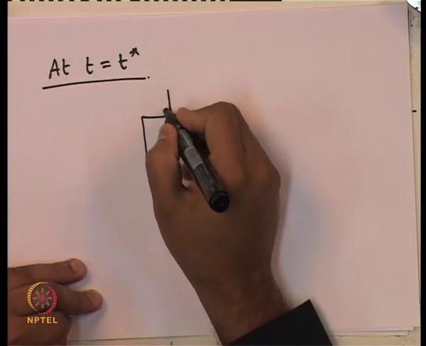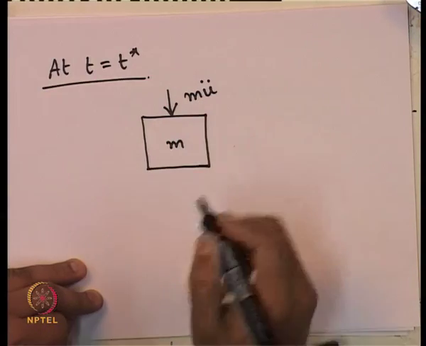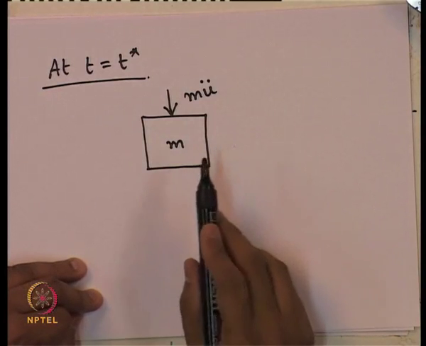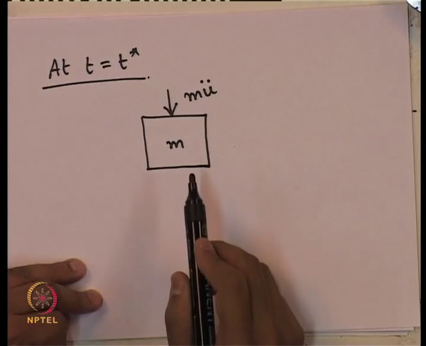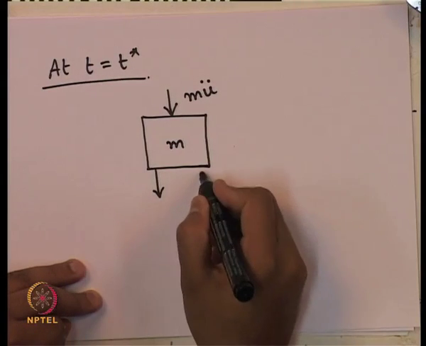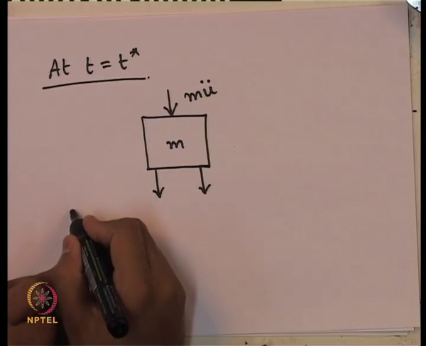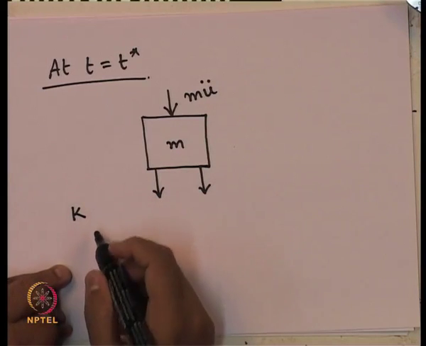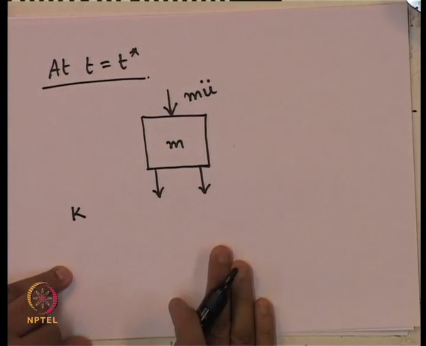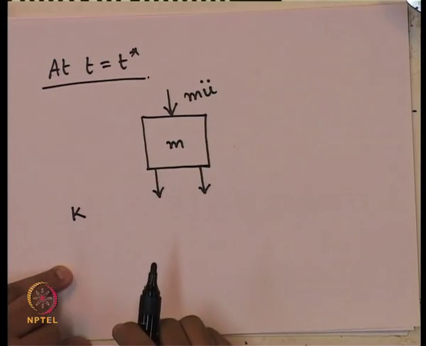Inertia will be m u double dot, because u was the displacement at mass level. The spring force and damper force, how much should they be? The spring force should be k times the relative displacement between the pavement and the mass level or the vehicle level.